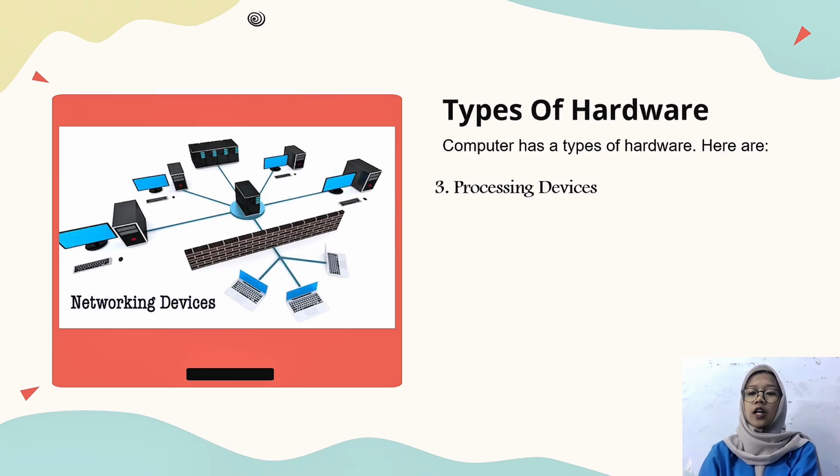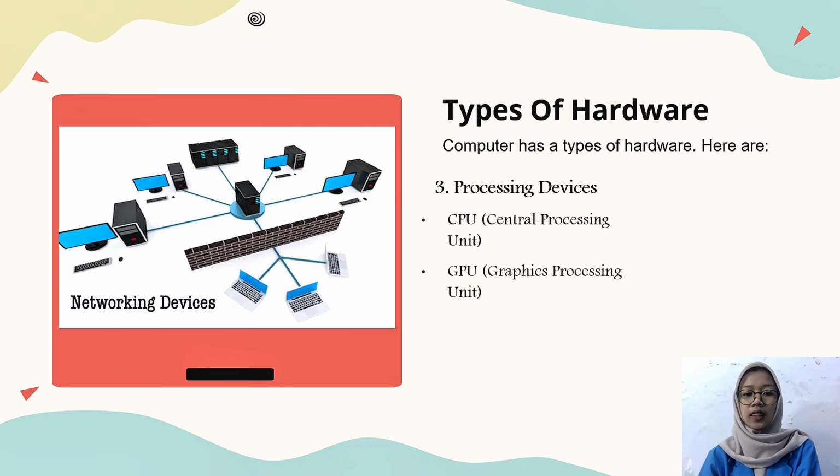The main component of a computer that executes instructions and controls the computer's operations, mainly the CPU, Central Processing Unit, and GPU, Graphic Processing Unit. And this is storage devices.